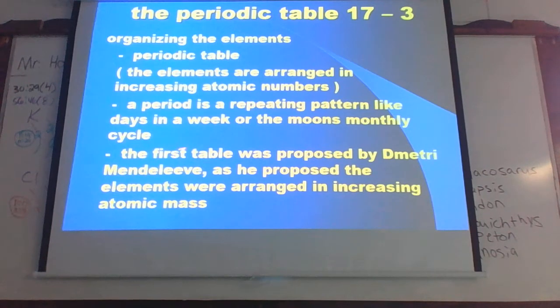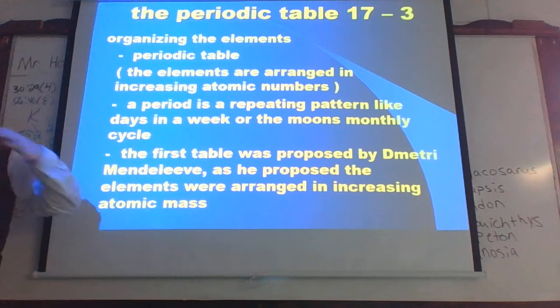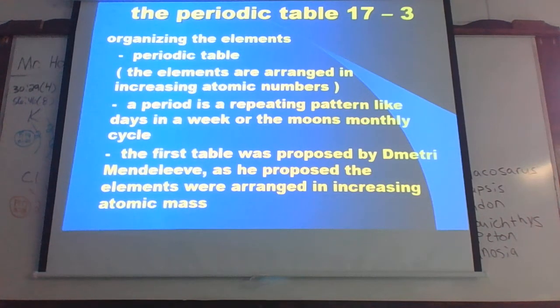But when we look at this, Mendeleev, I can't remember which way it's pronounced, actually arranged this first table in increasing atomic mass, which is fairly accurate, but it's not quite correct. There are certain exceptions where it actually decreases in atomic mass.